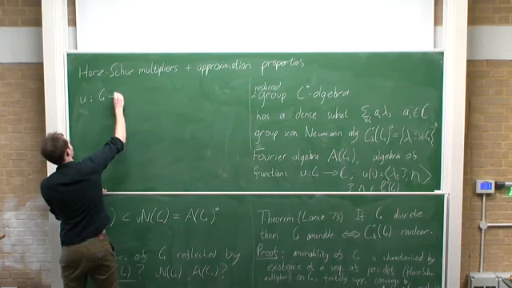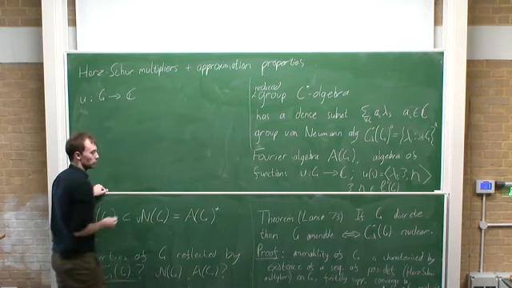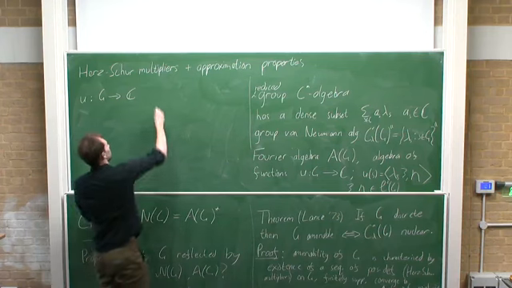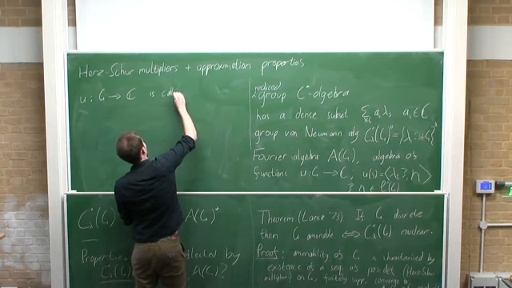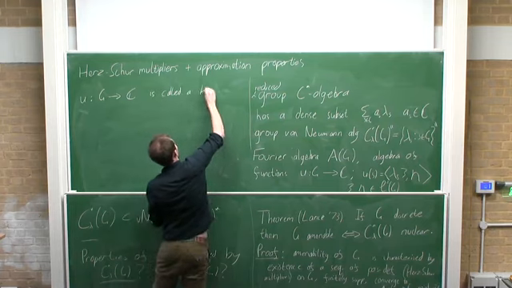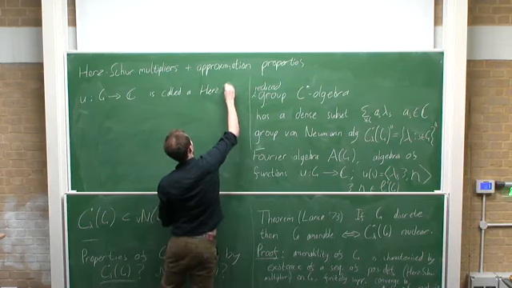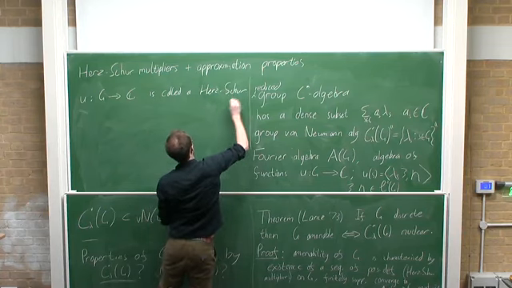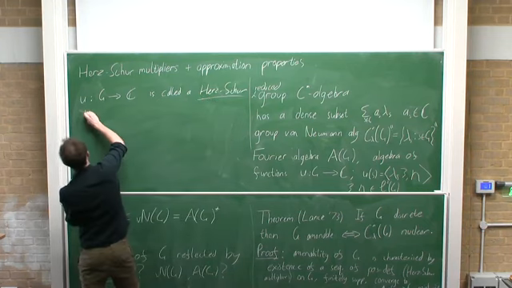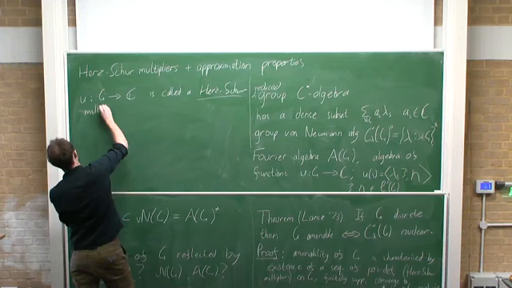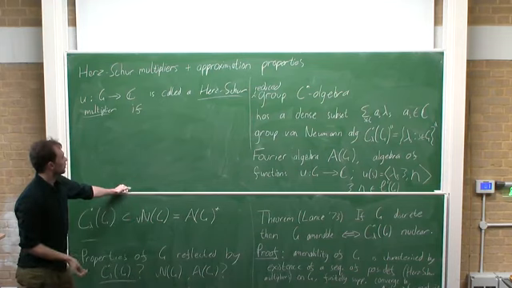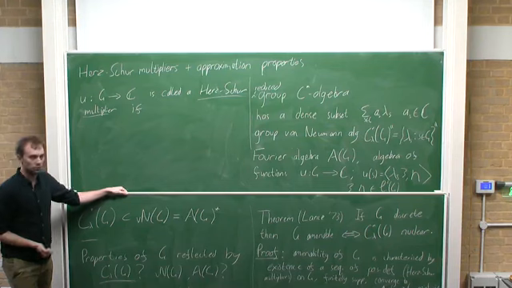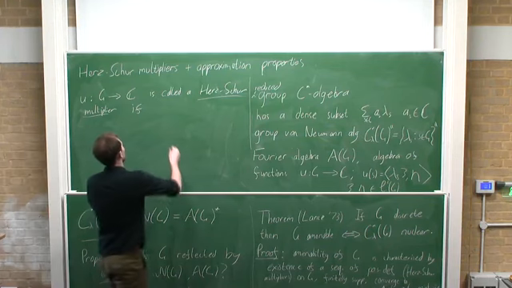A function U from the group to the complex numbers is called a Herz-Schur multiplier if it's a completely bounded multiplier of the Fourier algebra.